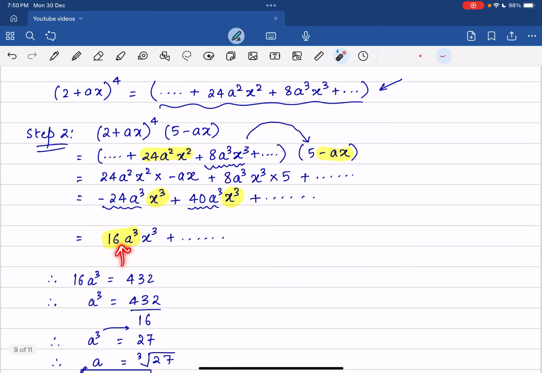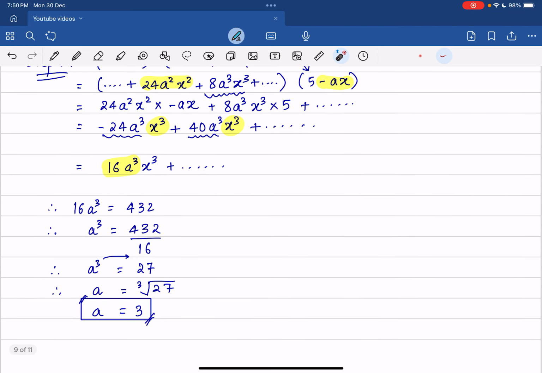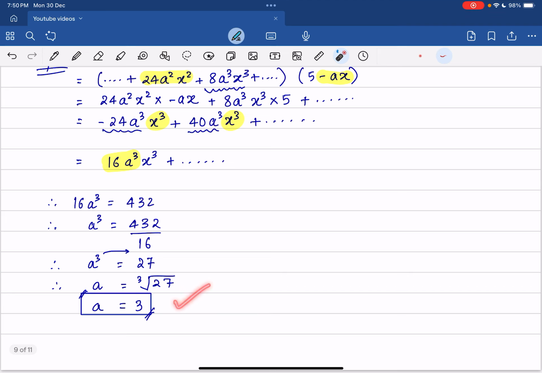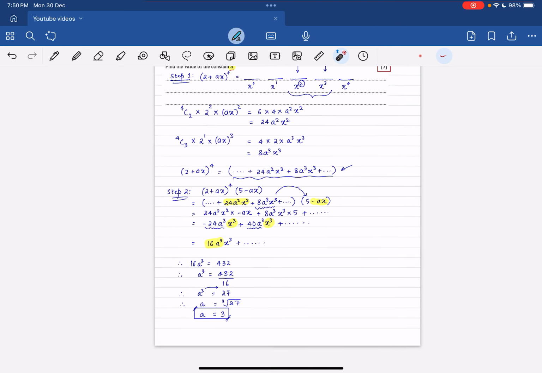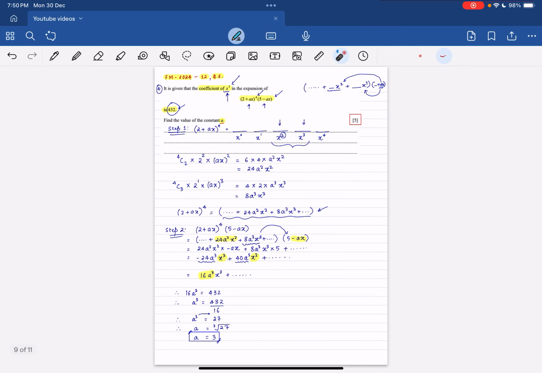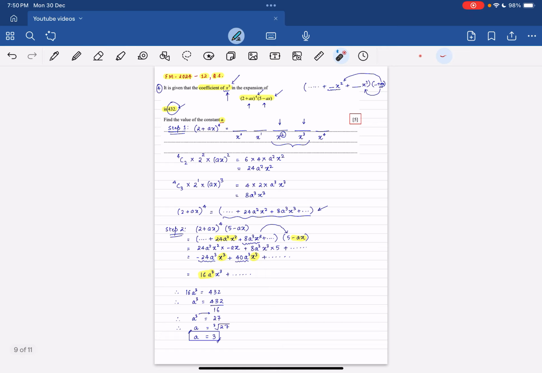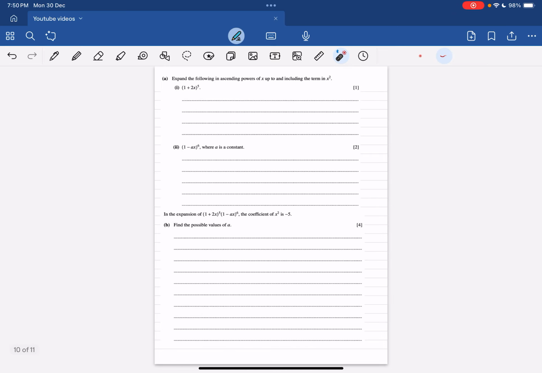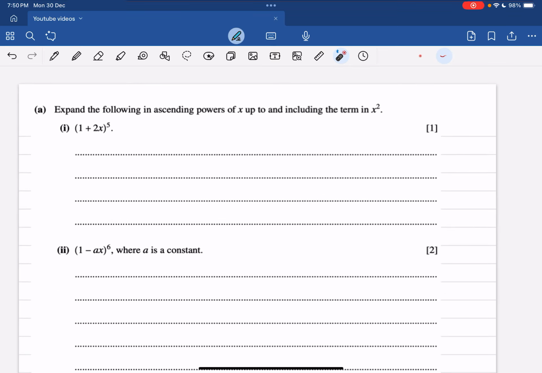The coefficient of x cube, as they have mentioned, should be equal to 432, and that eventually gives me the answer for a. Perfect. That gives us 5 marks, and I think that was totally worth it. Yes. Let's move on to the next one.